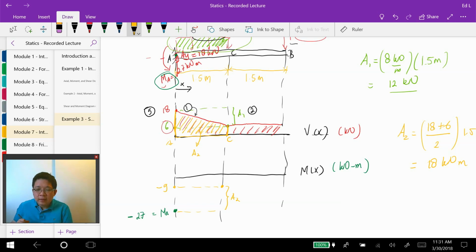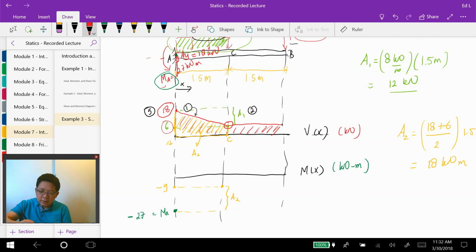And we can apply rule number 3 right now, which states that the slope in the moment diagram is equal to the ordinate of the shear diagram. We can see that the ordinate of the shear diagram here is 18, and here is 6.